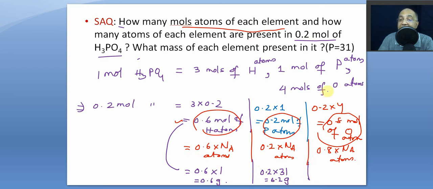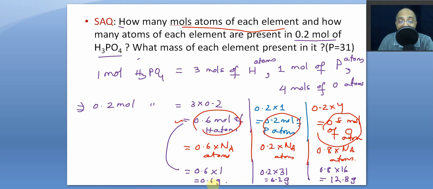And then oxygen is 16 atomic mass, we know. Therefore 0.8 into 16, 16 8s are 128, is 12.8 gram. So in that 0.2 mole sample of phosphoric acid given to you, it contains 0.6 gram of hydrogen, 6.2 gram of phosphorus, and 12.8 gram of oxygen.